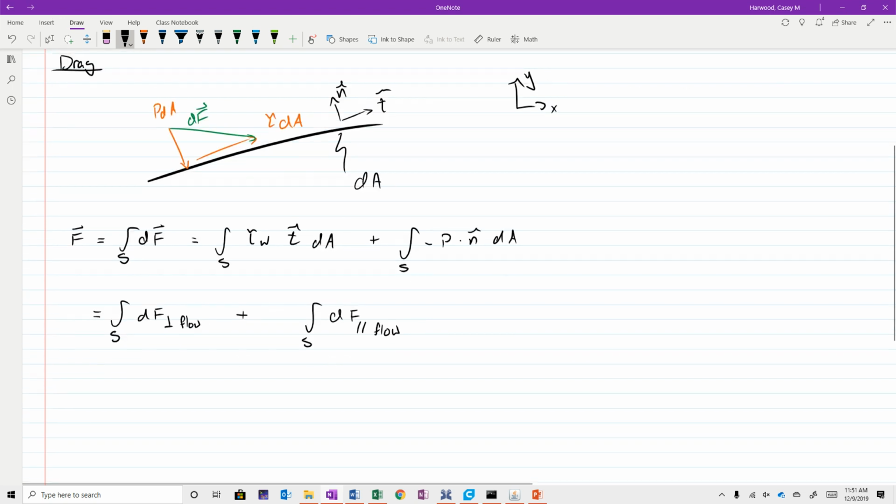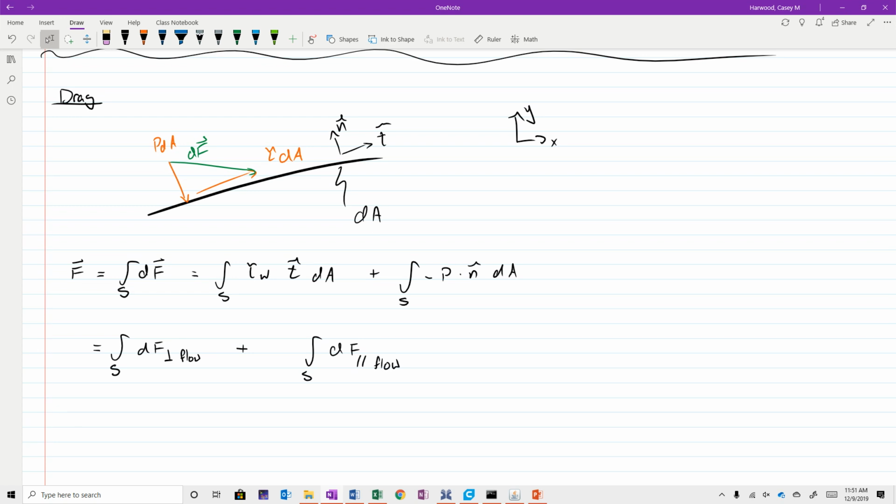Same force, we're just recasting in terms of new vector coordinates. Okay, it's a change of basis.